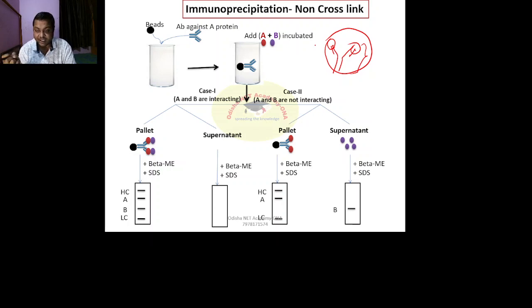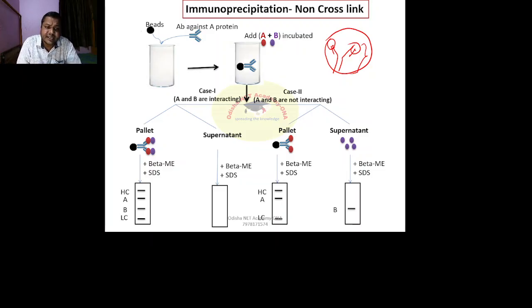So in this case you have to separate the immunocomplex from the unattached molecules like free antibody and free antigen. By using this principle we can detect whether protein A and B are interacting or not interacting. Now come to the stepwise discussion.